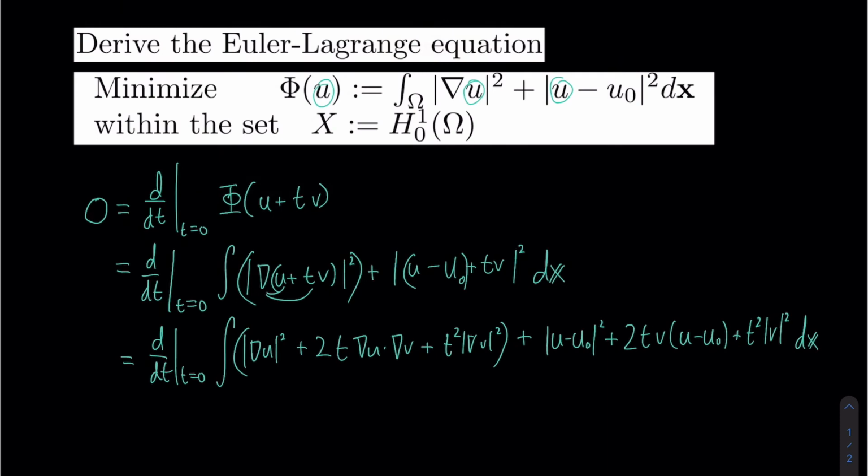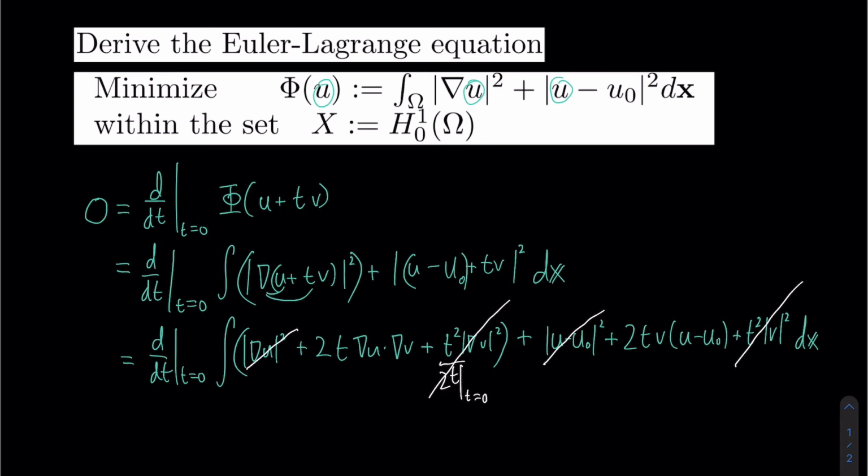That means that anything without a t is going to become irrelevant. Furthermore, when we have a t squared, we're going to have a t left inside. So what's the derivative of t squared? It's 2t, right? And we're evaluating at 0. And therefore, this term disappears as well as this term.